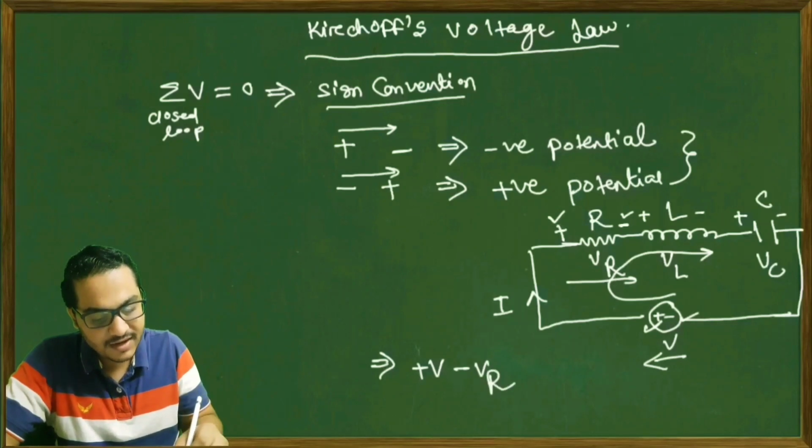Similarly here we are moving from higher to lower potential, so minus VL. And here also we are moving from higher to lower potential, so minus VC equals 0.